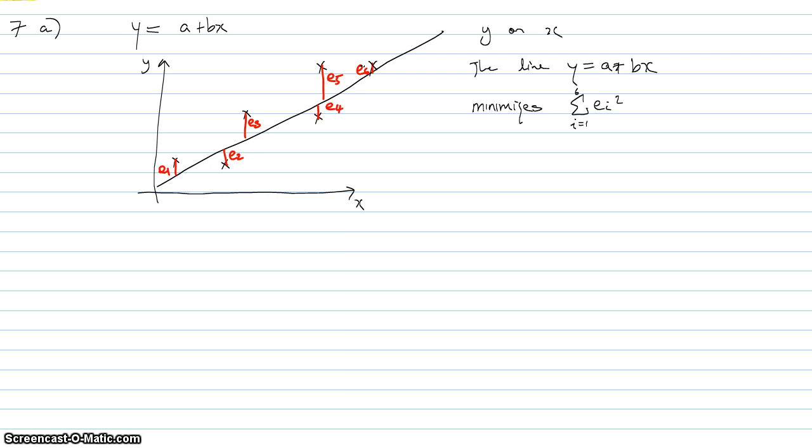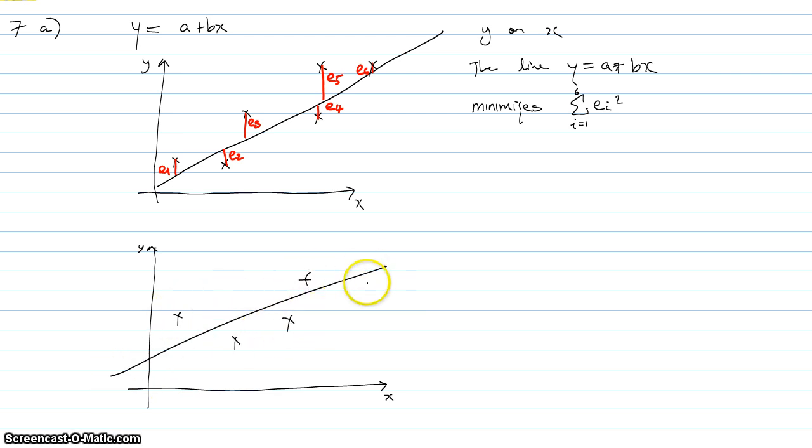Now there's a couple of interesting things to note here. The first is, if this is what the line of y on x does, what about the line x on y? If I had the line x on y, with some points up here, it is going to minimize the horizontal errors. This would be E5, E4, E3, E2 and E1.